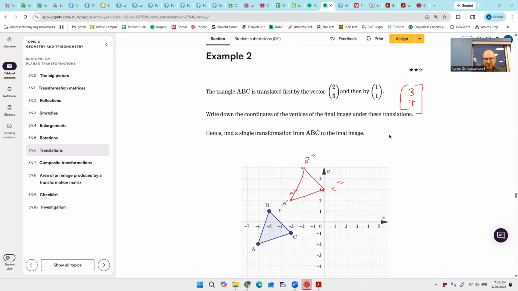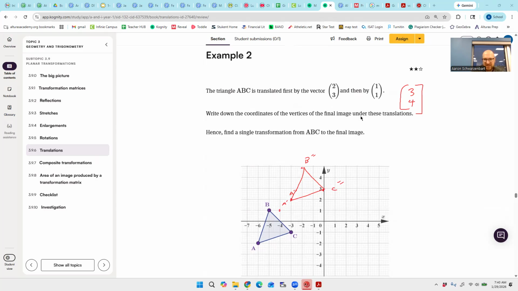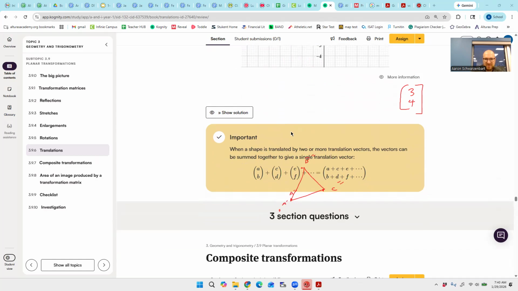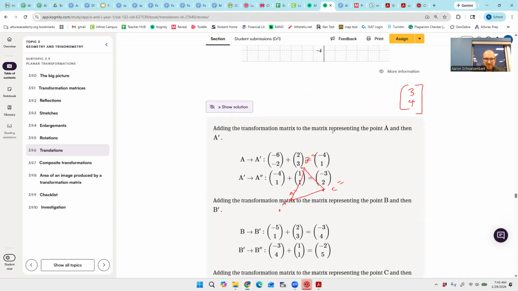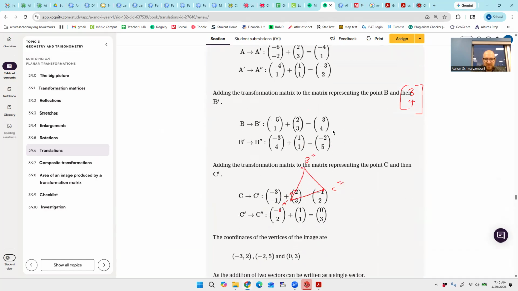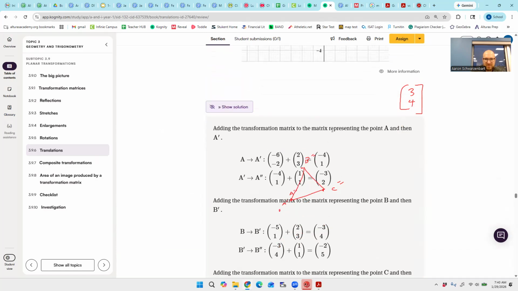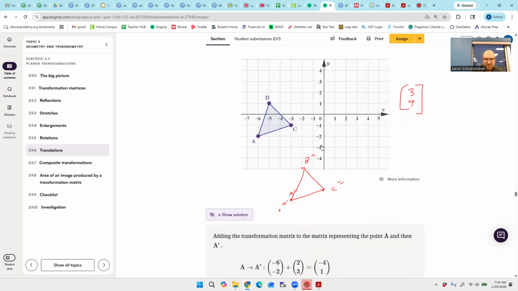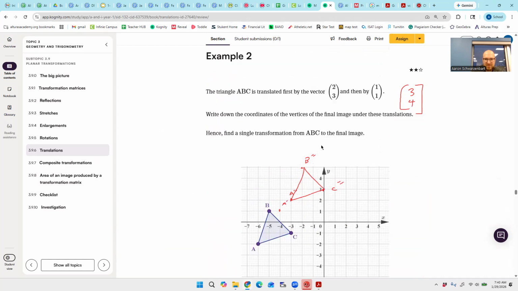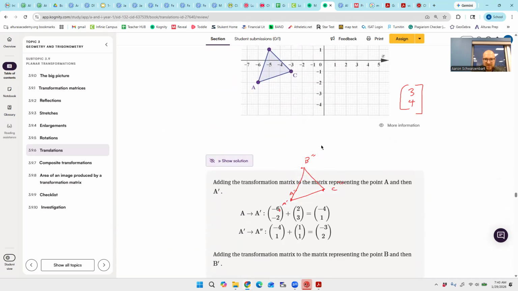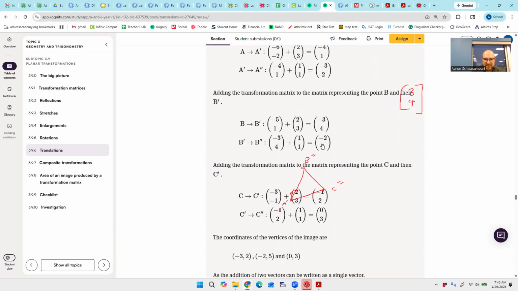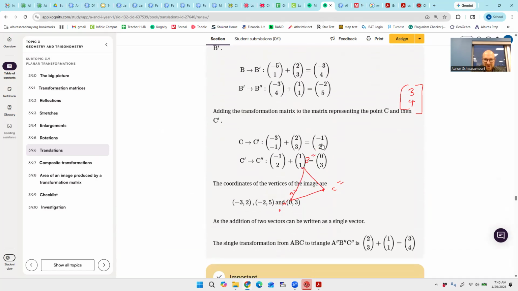And to add them, you just literally add the vectors, add the x's, add the y's. Oh yeah, I guess those are the correct points. I really hadn't thought about what the points were.